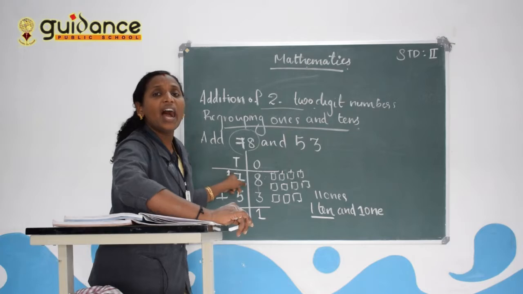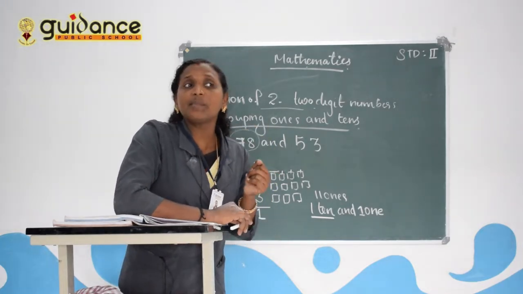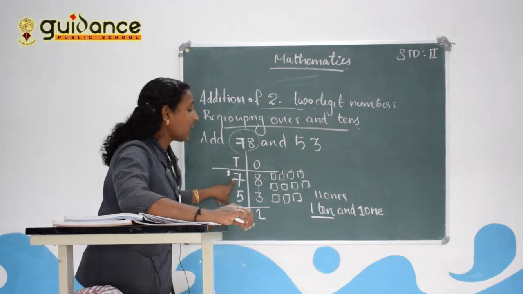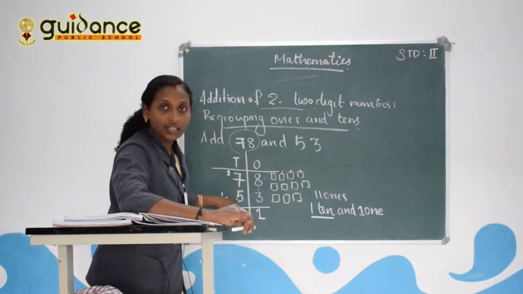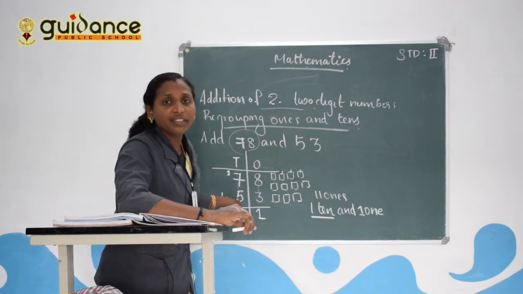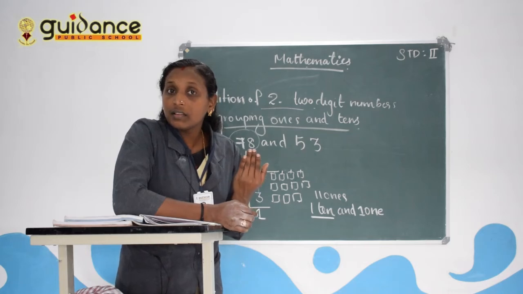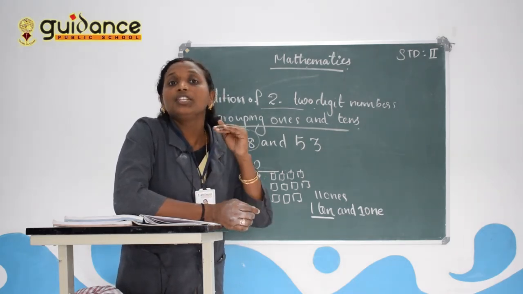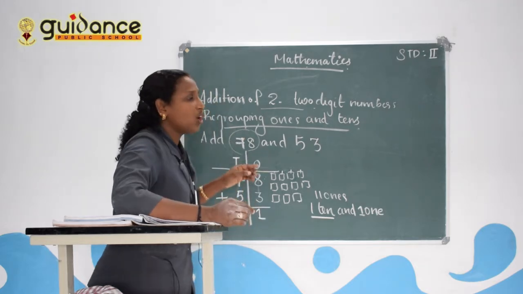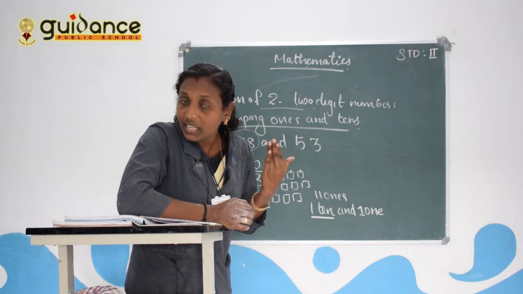Next, add the tens place. On this it has 7 tens. It has 5 tens. That is 7 plus 5, 12 tens. And also add the carried over.